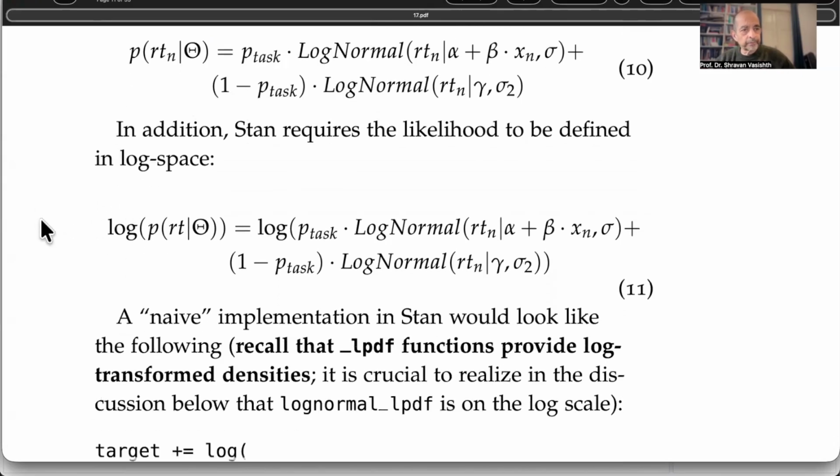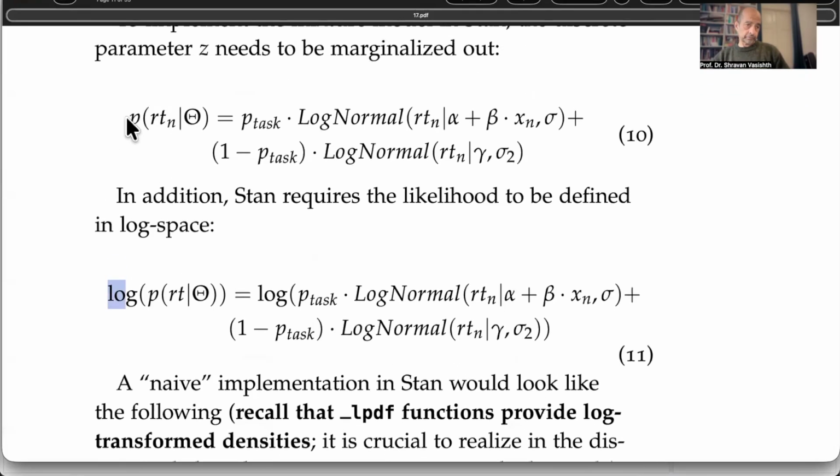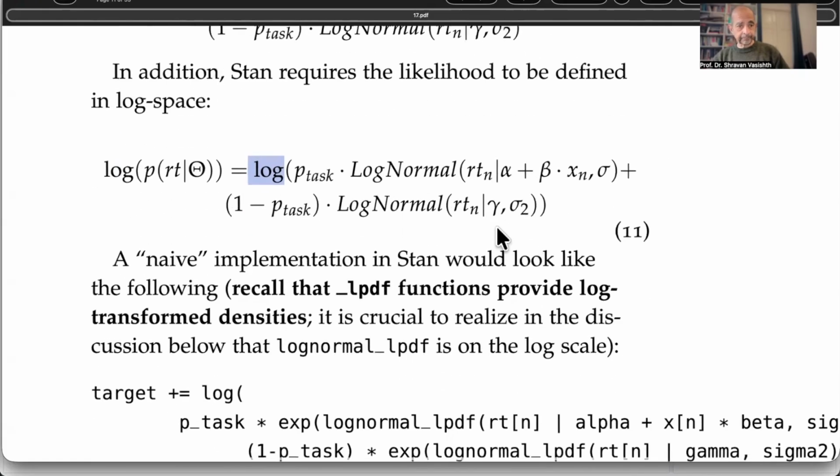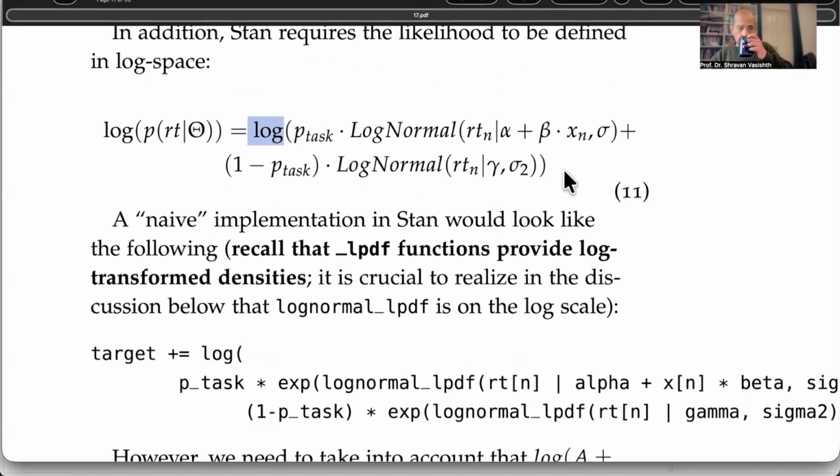And remember, of course, that in Stan we are going to work with the log space. So we're going to take the log of this entire term. Therefore, we put a log around the entire right-hand side. Okay.